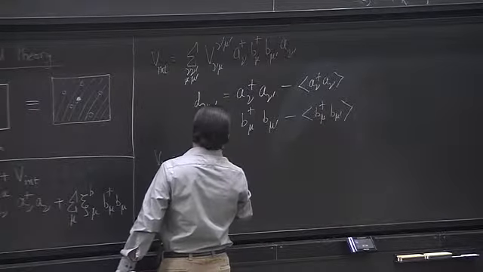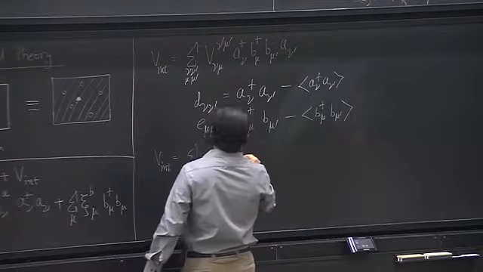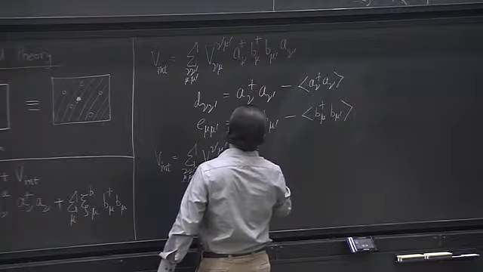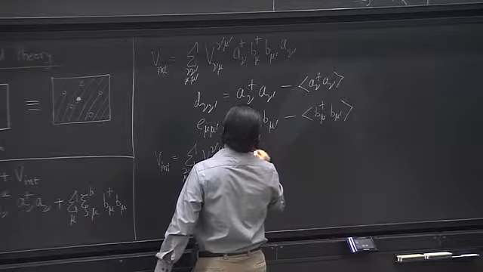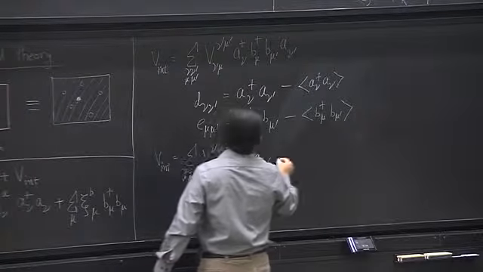I'm going to bring the A operators and B operators, because I'm moving it twice. Because they are different operators, they commute. I'll just write it like this.